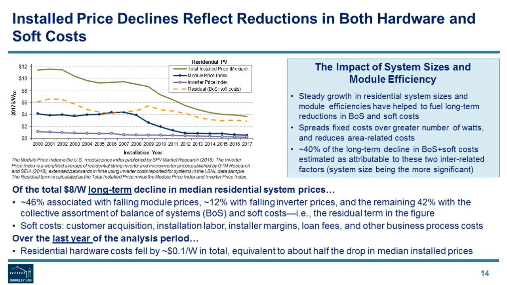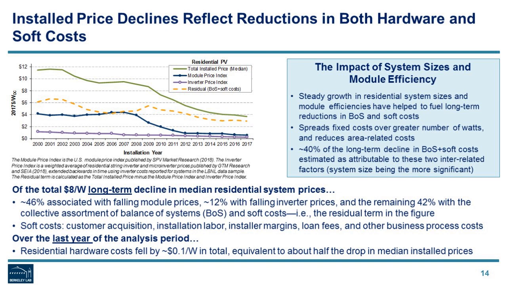The data that we collect for this report doesn't include any underlying component level costs, but we still can compare the top line system level pricing trends to various published benchmark prices for module and inverter pricing in order to see how those component level pricing trends have impacted system level pricing.